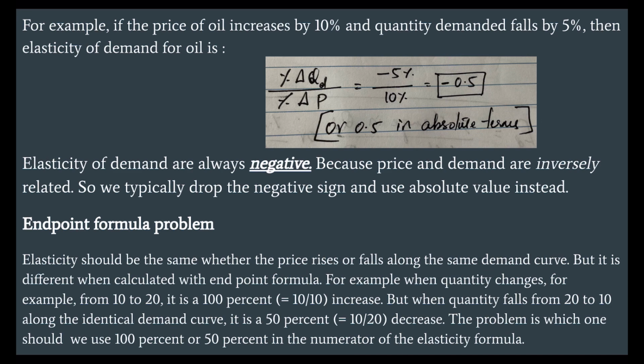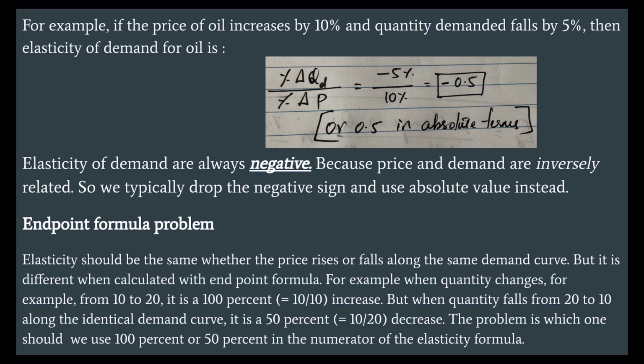For example, if the price of oil increases by 10% and quantity demanded falls by 5%, then the elasticity of demand for oil is change in quantity demanded, that is -5%, over change in price, that is 10%, which is -0.5, or in absolute terms it is 0.5. The elasticity of demand is always negative because price and demand are inversely related, so we typically drop the negative sign and use the absolute value instead.